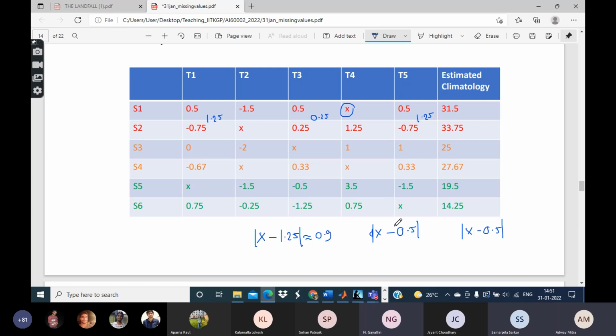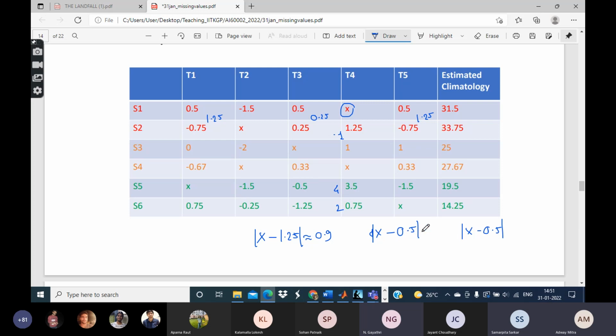Now if you consider the difference between T4 and T5, in general, what is the difference of the readings between T4 and T5? Here it is 1, here it's 4, and here again it seems to be 2. So 1, 4, 2, their average is 7/3, let us say about 2.5.